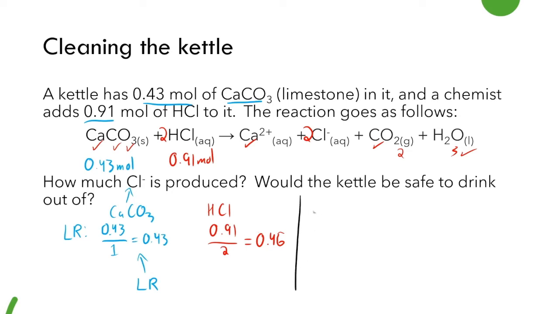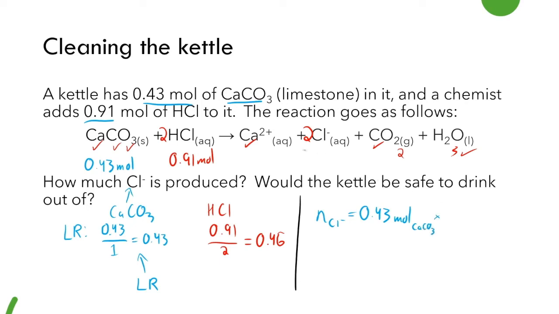So then we need to find the total moles of, let's see, the question's asking for chloride. So we use that stoichiometric coefficient and the number of moles of calcium carbonate. We start out with 0.43 moles of calcium carbonate.